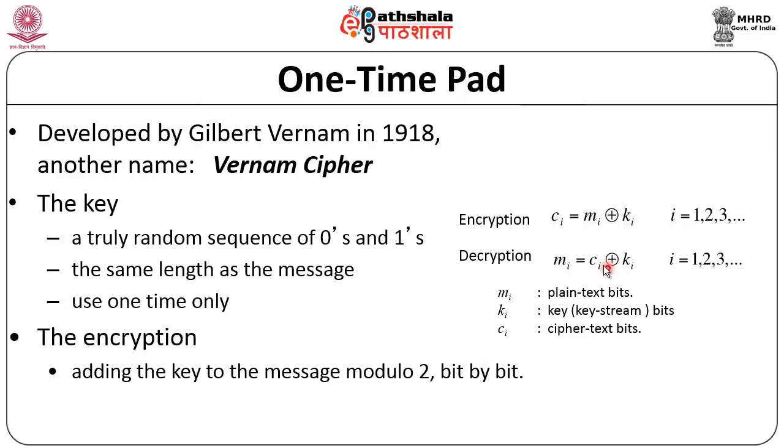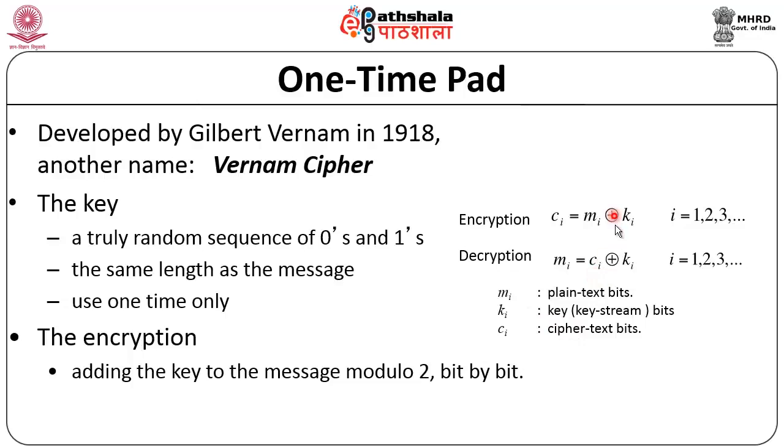As in a stream cipher, the ciphertext Ci is generated as Mi XOR Ki, where i is equal to 1, 2, 3, 4, etc. Similarly, in decryption, you get back your original message: Mi is equal to Ci XOR Ki, where i is equal to 1, 2, 3, 4, etc.